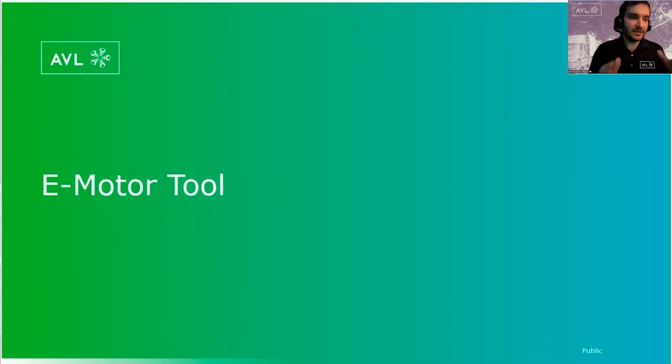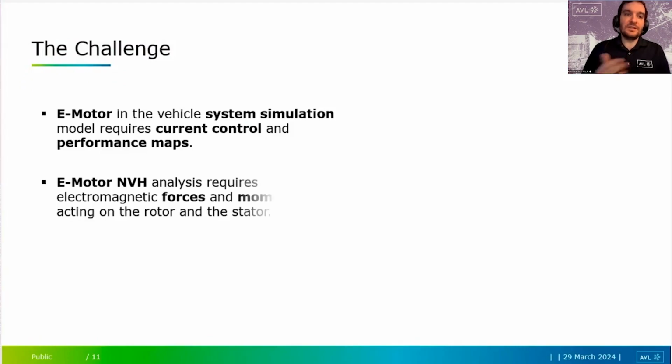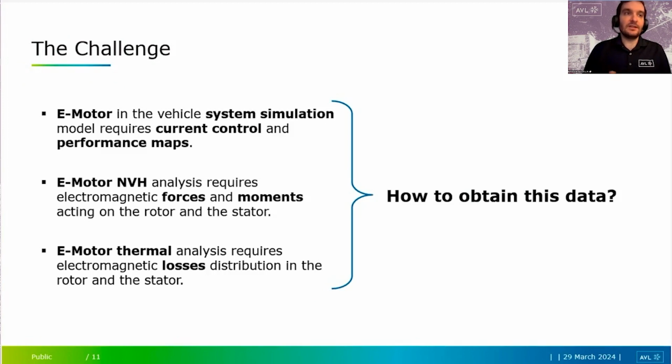So we're going to jump into what the e-motor tool really is, which is a subset of this E-Suite. The workflow you can use the e-motor tool in will be used in those three tools I mentioned before. There's a challenge for anyone working on electrification propulsion: there are domain experts within engineering. There are people who understand mechanical interactions with machines, people who understand the system effect, such as motor sizing for a given application, and people who understand thermal analysis of e-machines or components.